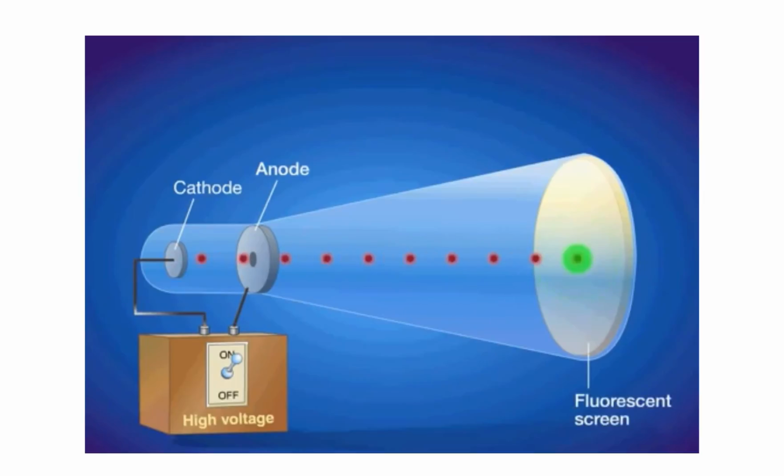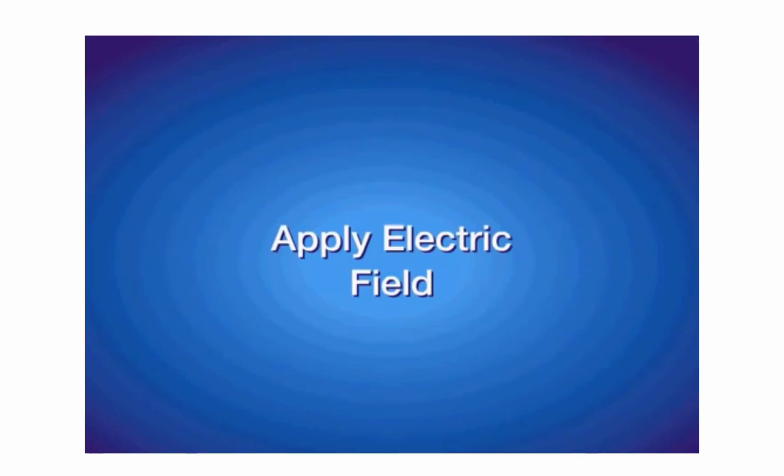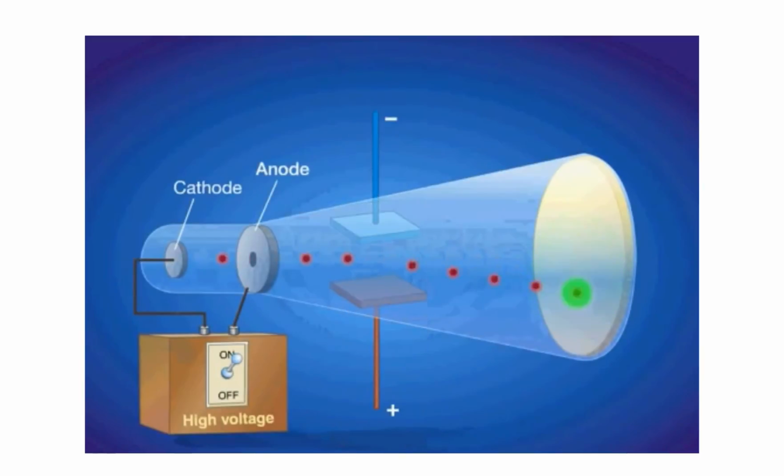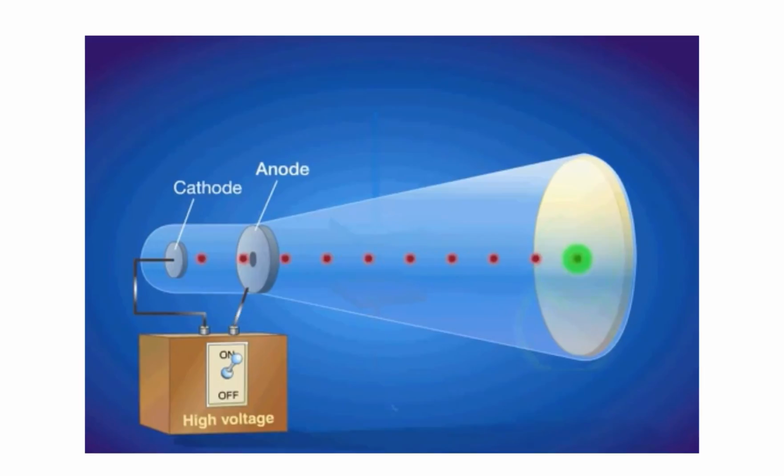When the ray strikes this specially coated surface, the cathode ray produces a strong fluorescence, or bright light. When an electric field is applied across the cathode ray tube, the cathode ray is attracted by the plate bearing positive charges. Therefore, a cathode ray must consist of negatively charged particles. We know these negatively charged particles as electrons.